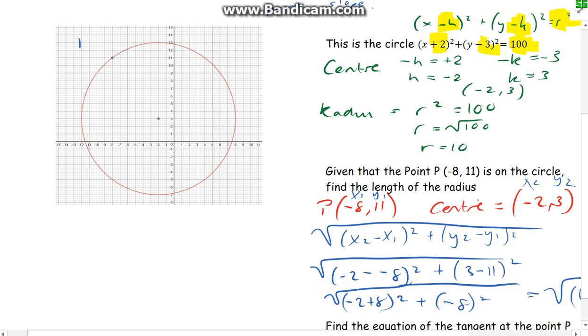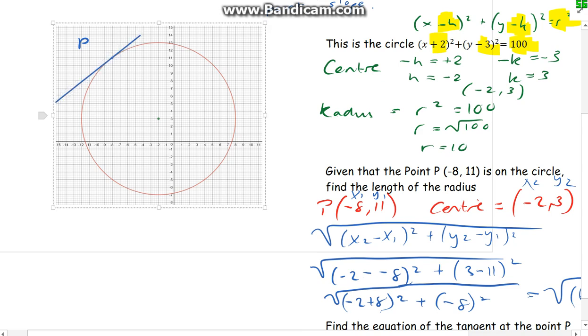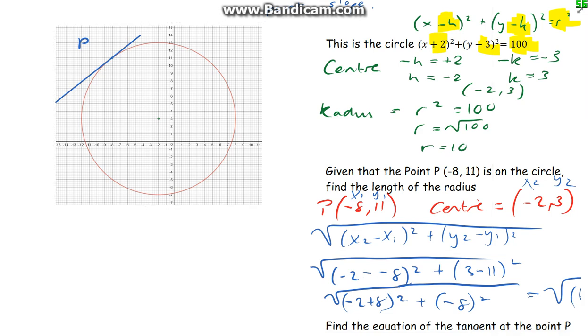Delete that, so that's P there. So if we drag it, yeah, that's sitting on the point P, so that's our tangent to the circle.